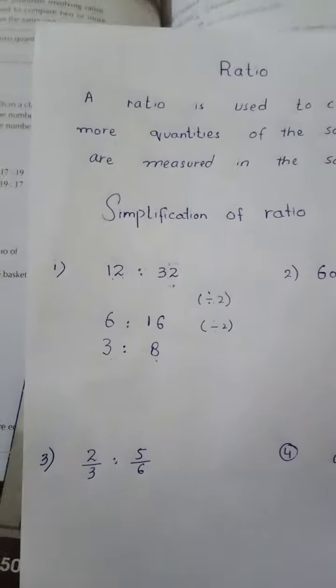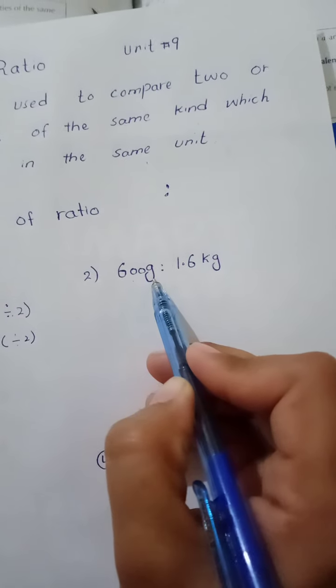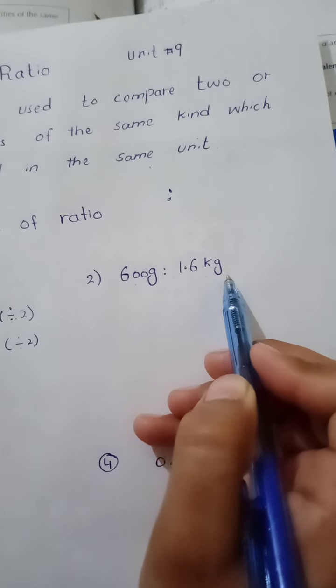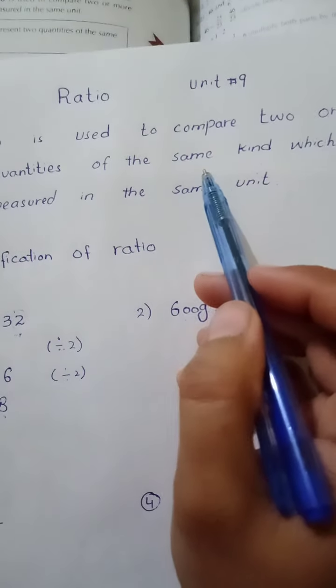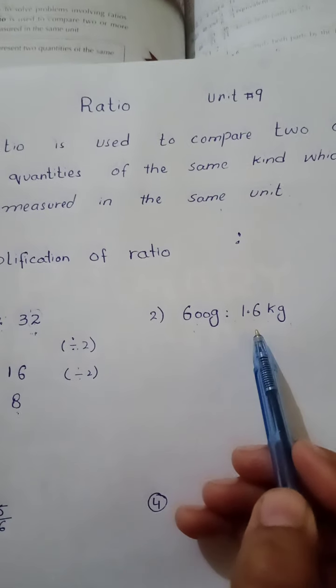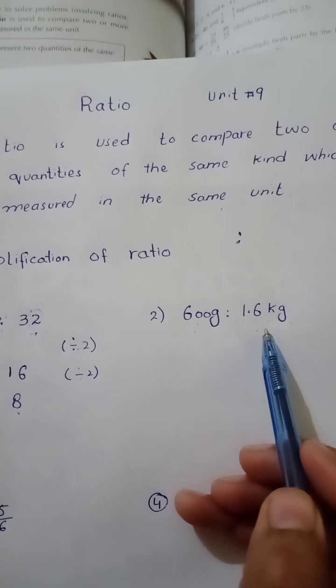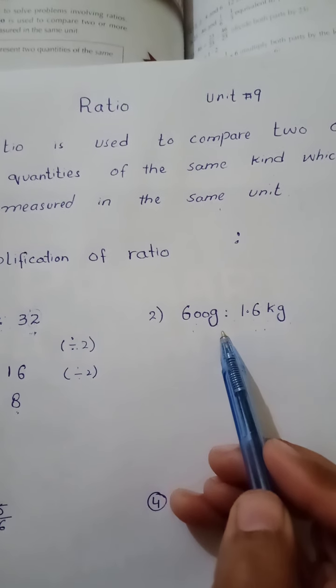Okay. In my next question, you can see this is 600 gram ratio 1.6 kg. In my definition, I have told you that in ratio we compare quantities, but both quantities should be of the same kind, measured in the same unit.